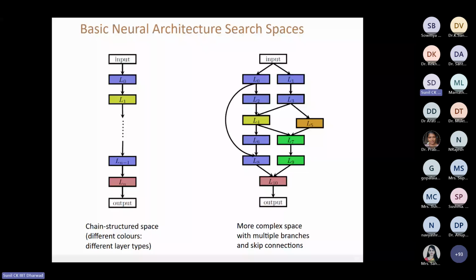So each layer receives its input from the previous layer, and the output of a certain layer will be the input to the next layer. That is how the algorithm works.